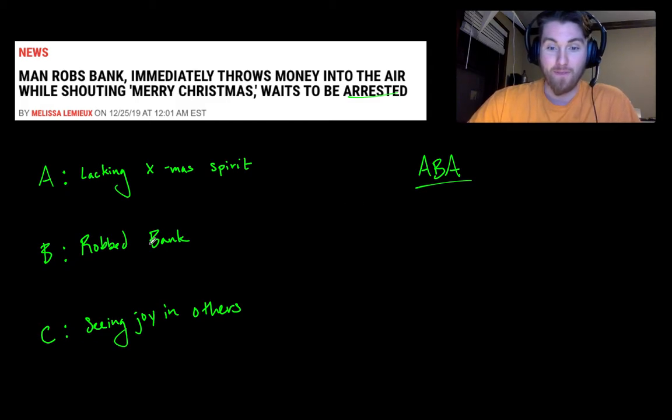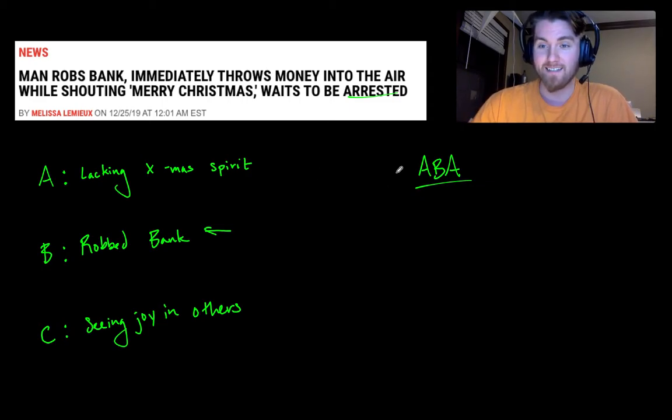Now, this action specifically, the robbing of the bank, I would not consider a violent crime. What I mean by that is that this immediately is not a crime that would scream out, oh, I'm going to go and repeat this action again. Do I believe that he is going to repeat this action again? Absolutely.